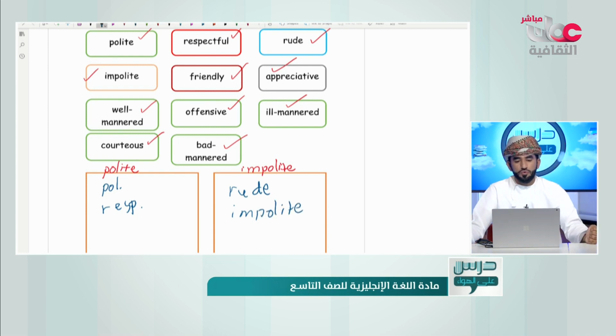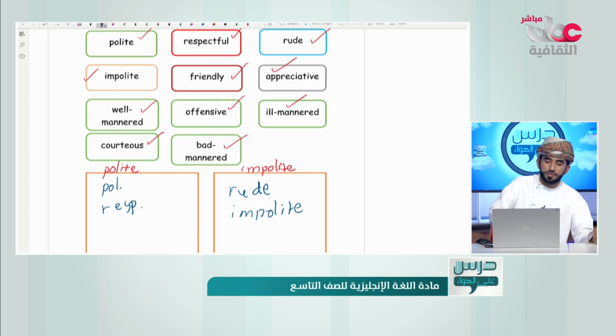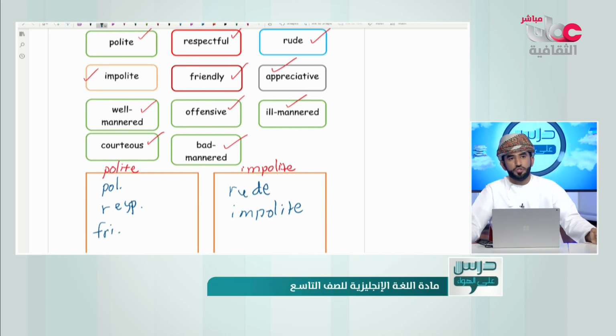And then you are going to go to this word, friendly. Friendly. Is it going to which? Excellent, Group A. Thank you so much. Going to the first one, polite. I'm not going to write it all. You have already known this word for ages. Am I right? So friendly goes under the umbrella of the word polite. Am I right? Excellent. Good.